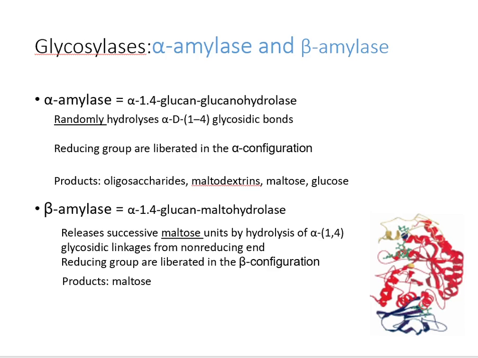Alpha and beta amylase enzymes. These starch degrading enzymes are capable of hydrolyzing alpha-1,4 glycosidic bonds of polysaccharides. So different reducing groups are released and different products are formed. They are used to produce some oligosaccharides, maltodextrin, maltose, glucose, or only maltose.